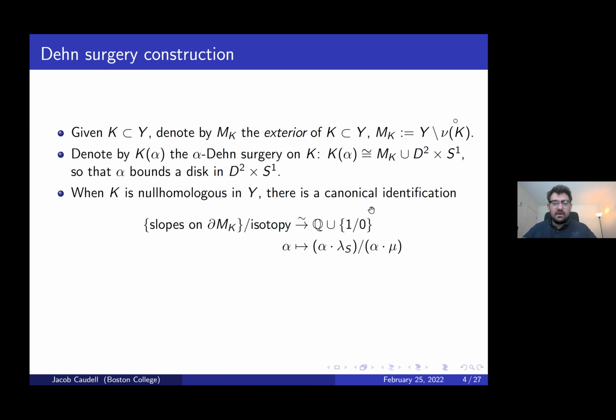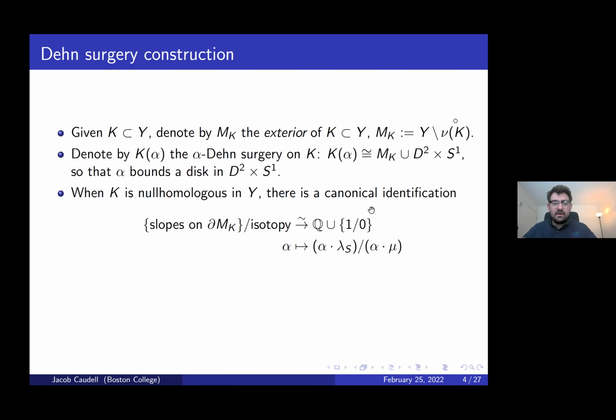So I want to introduce the main players today in terms of some different combinatorial and surgery theoretic diagrams. So the first category I'll talk about is lens spaces. And you can just take as a definition, these are the 3-manifolds with finite cyclic fundamental group.